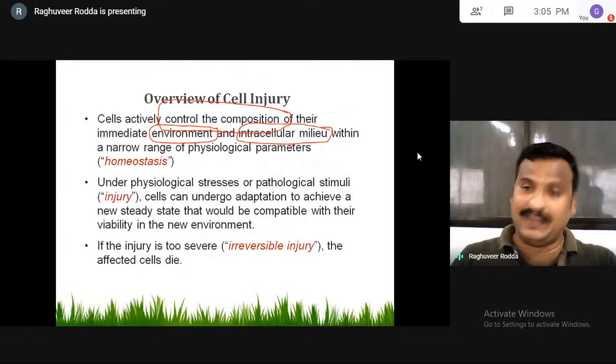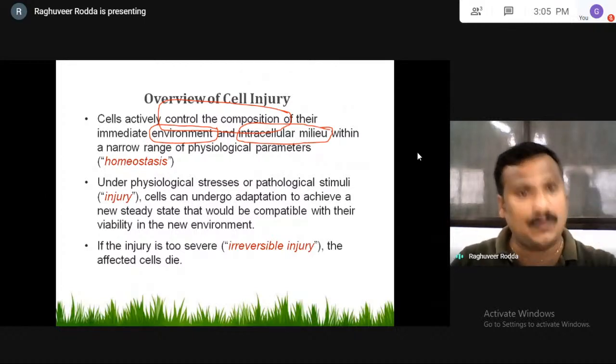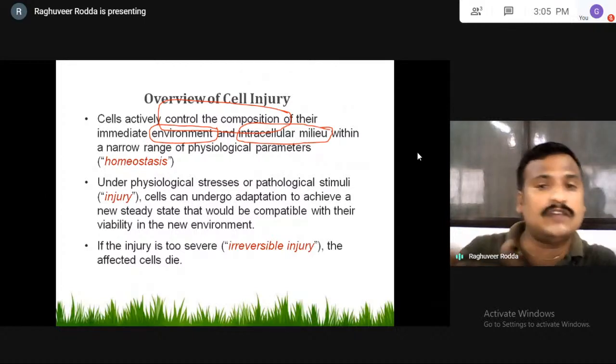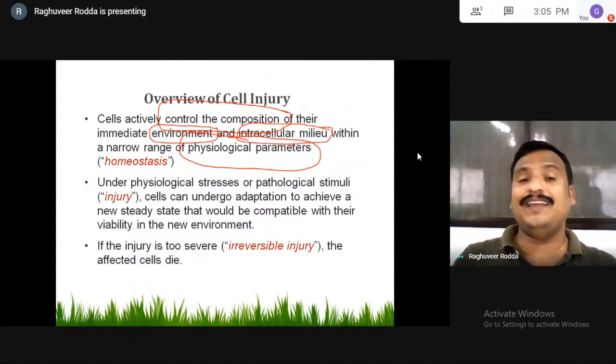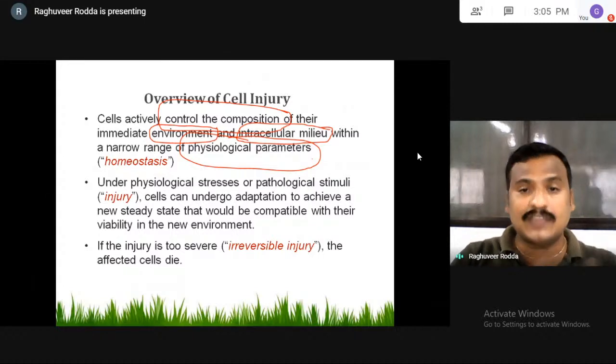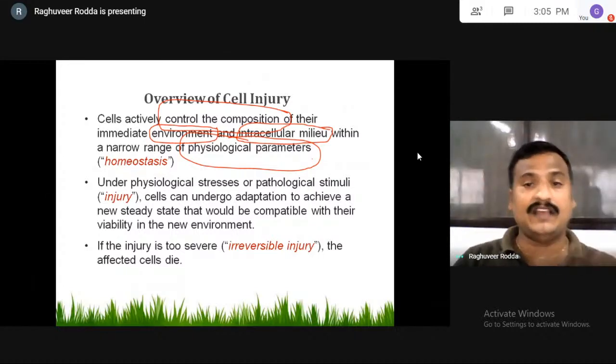So by controlling the external environment, it also controls its internal environment, at a narrow range of physiological parameters, like enzyme levels, hormonal levels, and ionic levels.